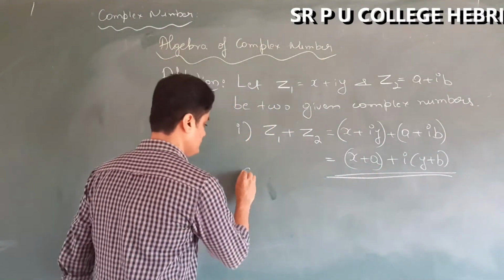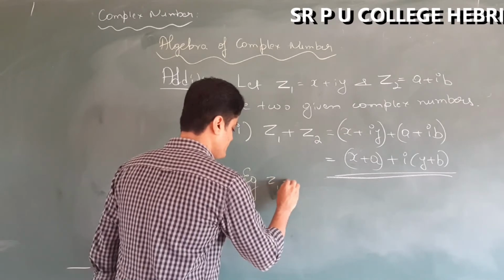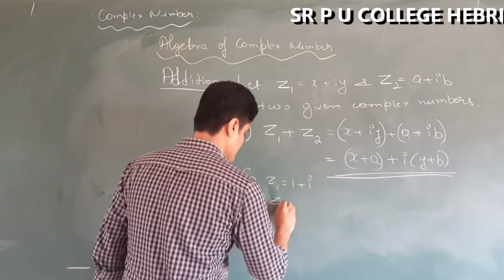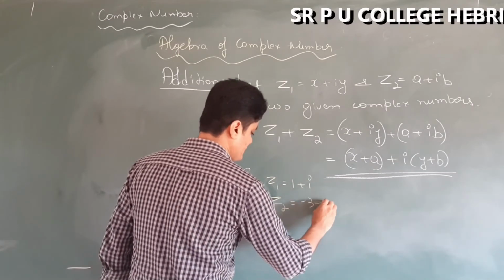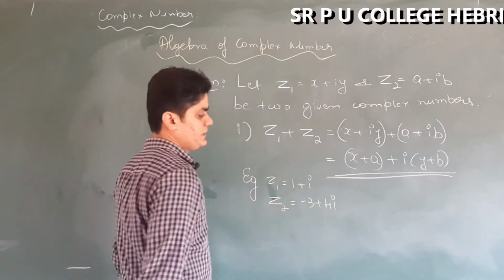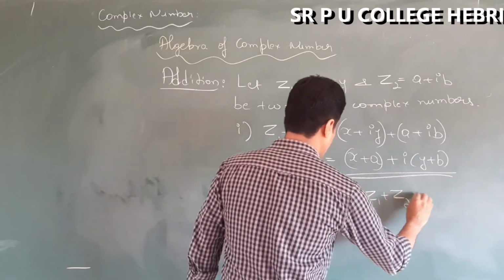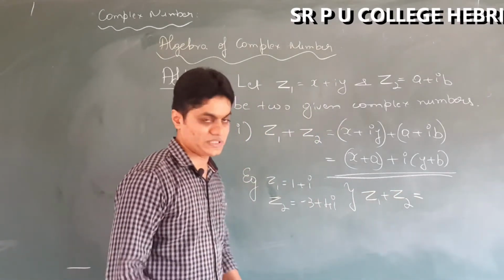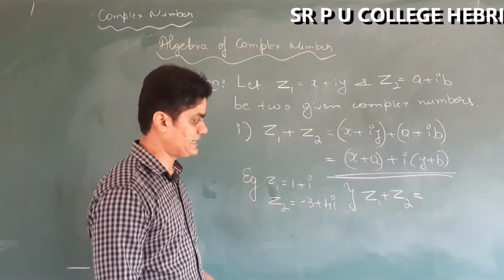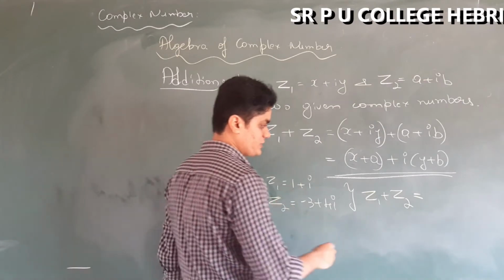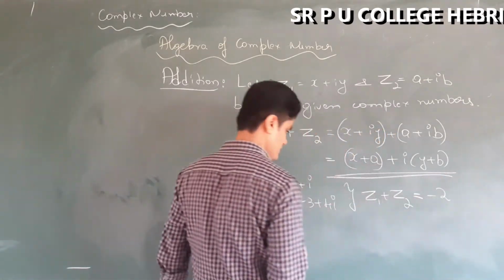For example, if z1 is equal to 1 plus i, z2 is equal to minus 3 plus 4i, can you tell me z1 plus z2? How to add two complex numbers: add the real part and add the imaginary part. Minus 3 plus 1 is minus 2, okay.